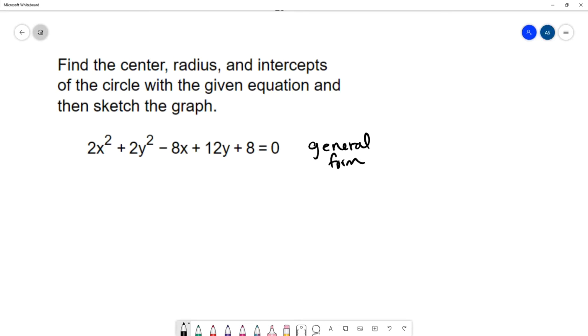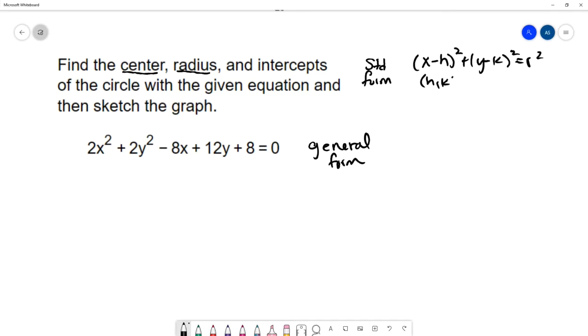And this format is not the best format for us to figure out the center and the radius. What we'd rather have is the equation in standard form. In standard form, the equation of the circle looks like this: (x minus h) squared plus (y minus k) squared equals r squared.